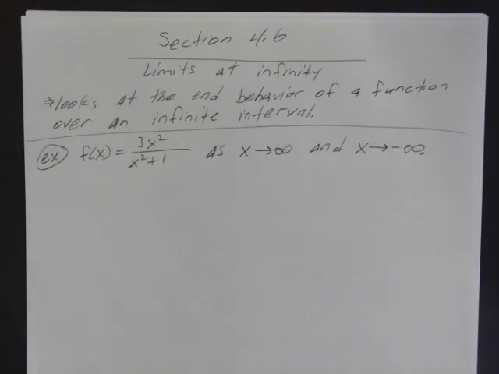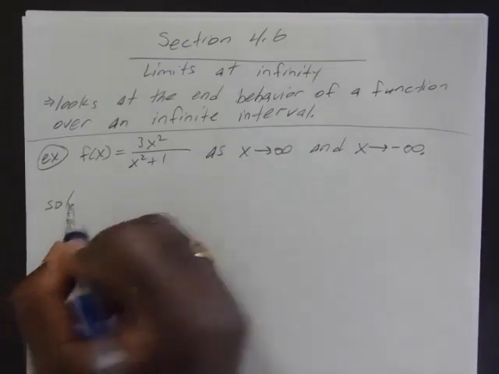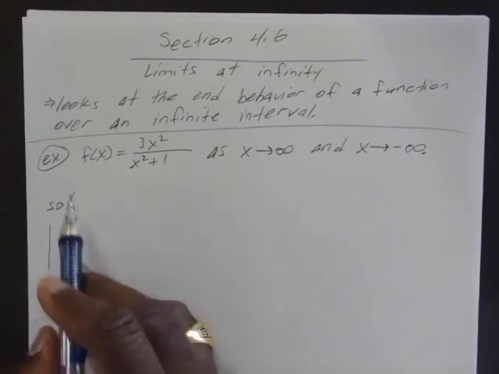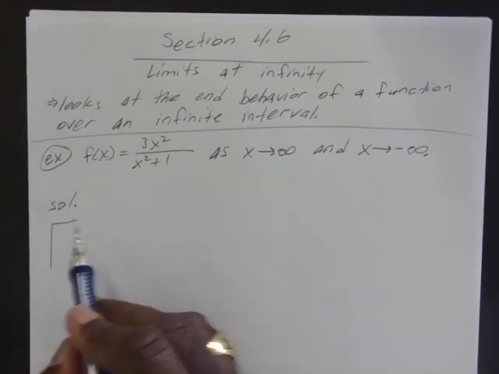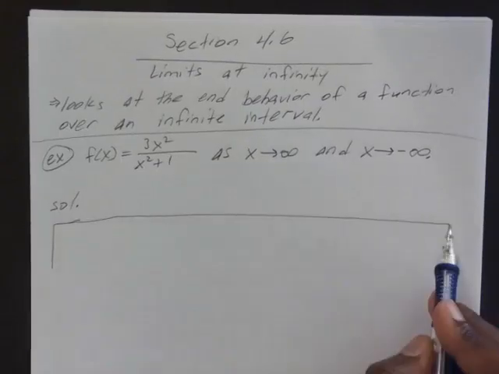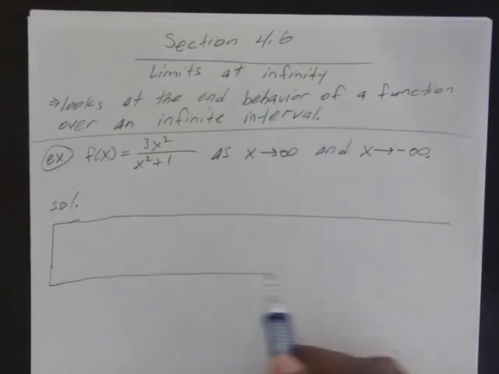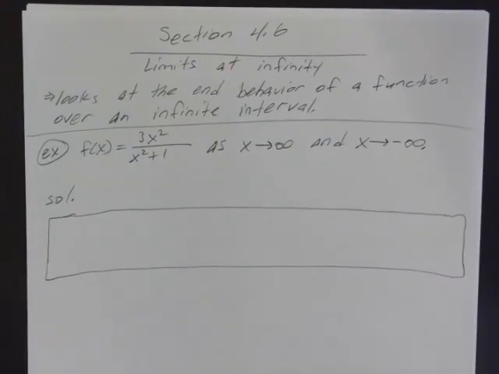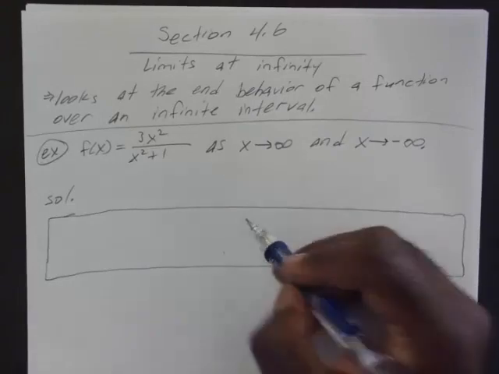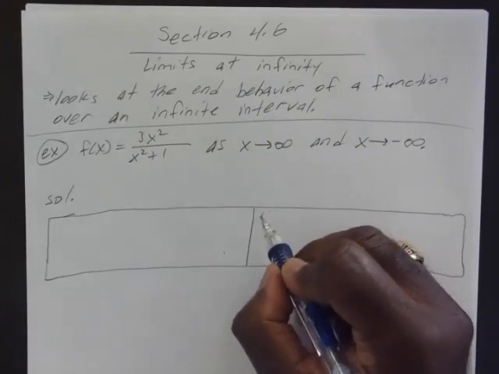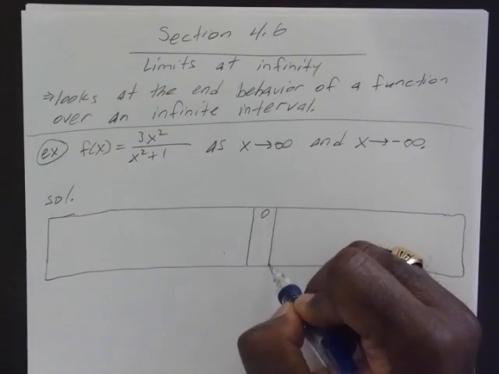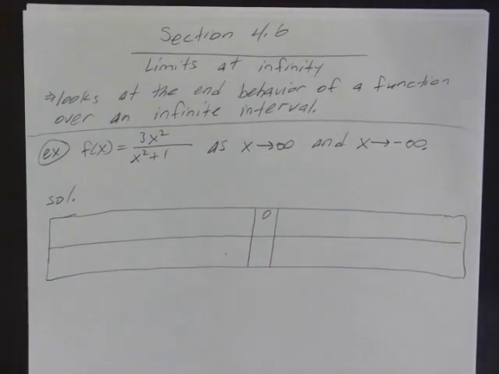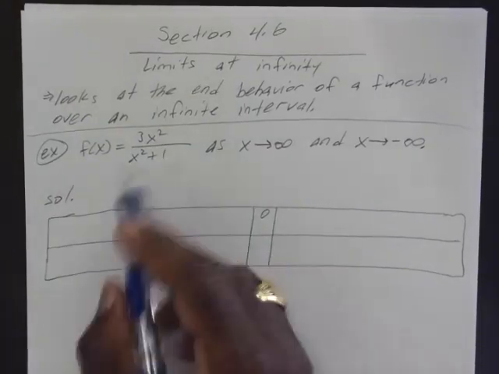Okay, so just to help visualize, we're going to go back to our table. Right in the middle, we're going to start at 0. And we know when x is equal to 0, this whole thing is equal to 0.